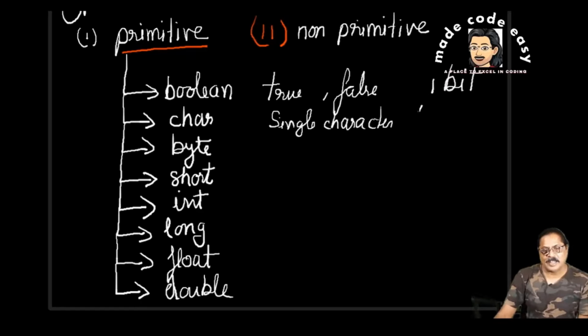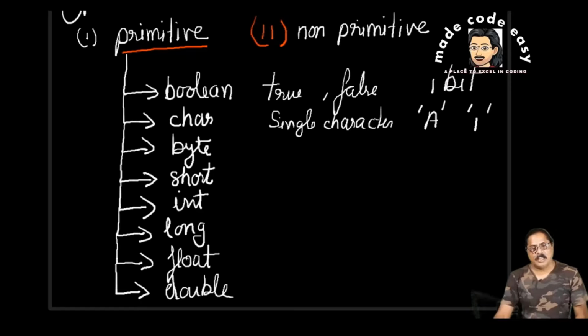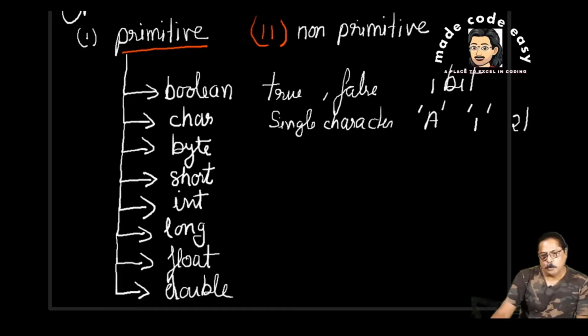It is always enclosed in single quotation marks. It can be any digit also; anything enclosed in single quotation marks is known as character data. It takes 2 bytes of memory. One character takes 2 bytes of memory.